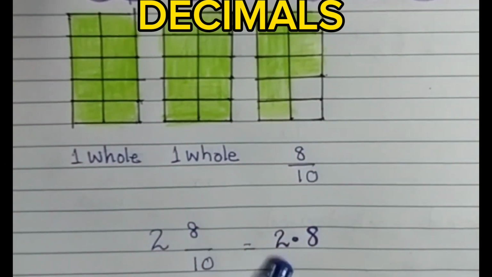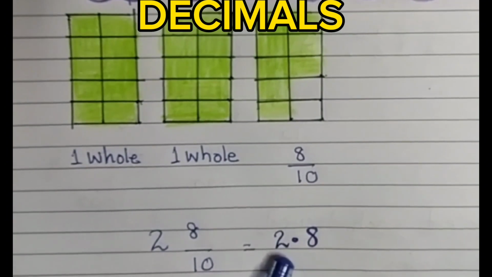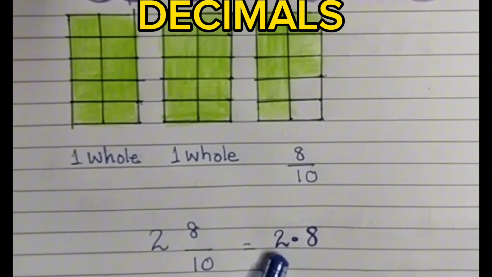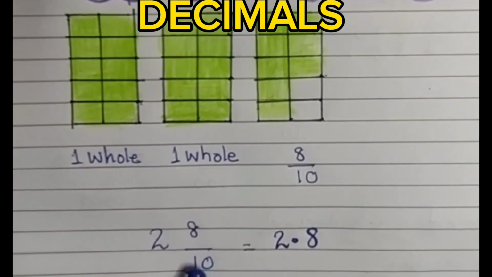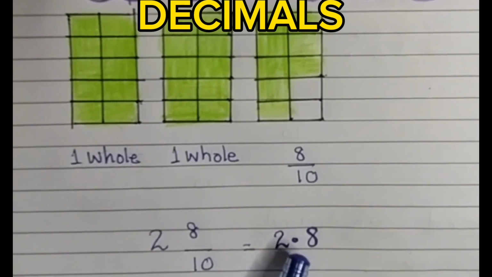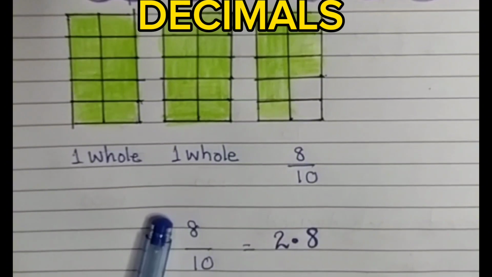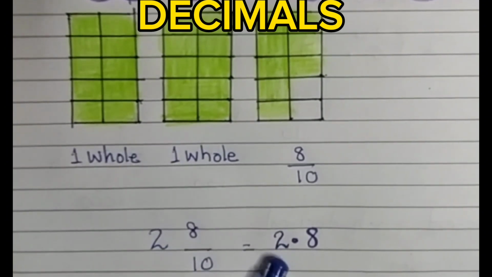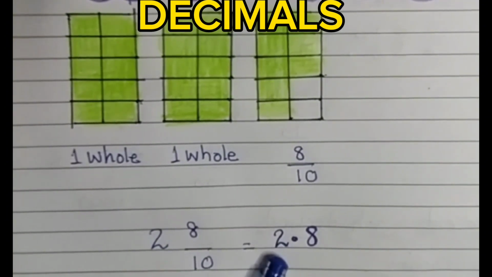Why 2.8? Because 2 whole numbers. This 2 is representing the whole number. 8 upon 10 is going to be 0.8. Since there is a whole number, we will not write 0.8, but instead of a 0, we will add up the whole number here. Clear?